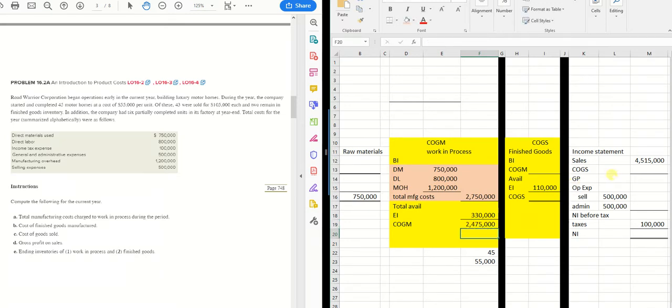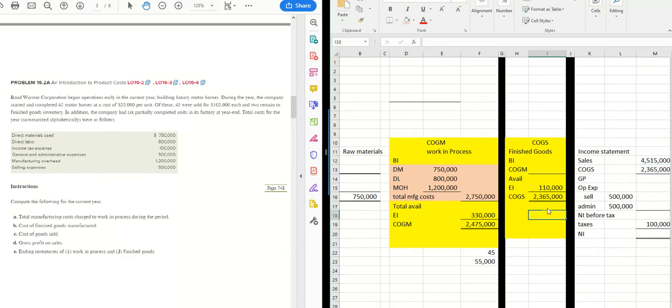But I also know that I sold 43 at 55,000. Okay, so my cost of goods sold can go here. Okay, so now I can get my total available. So 208 minus 330 is 245.